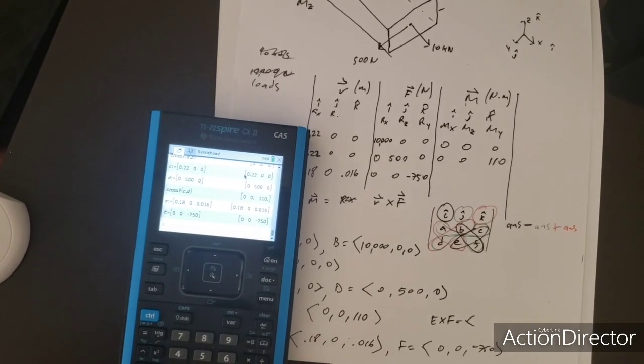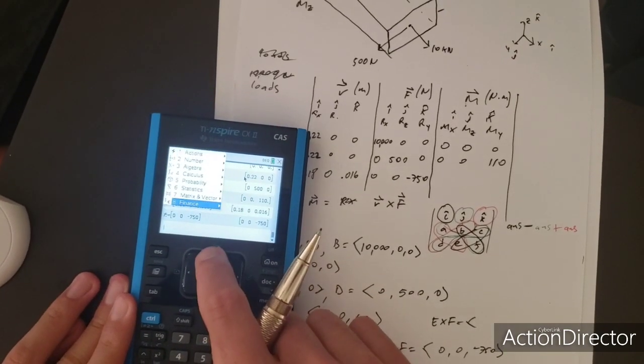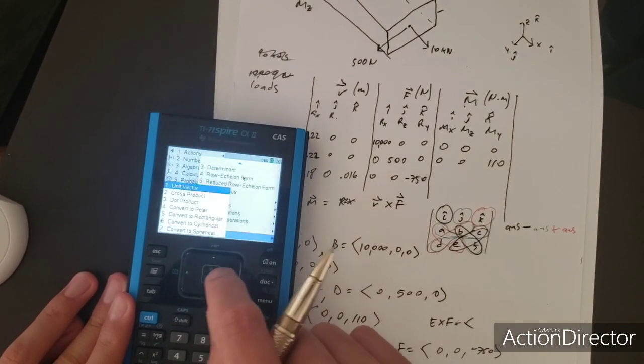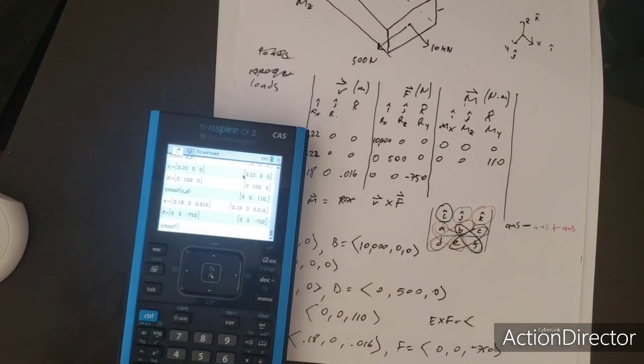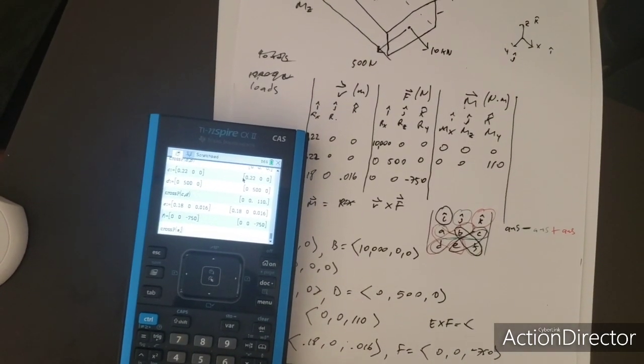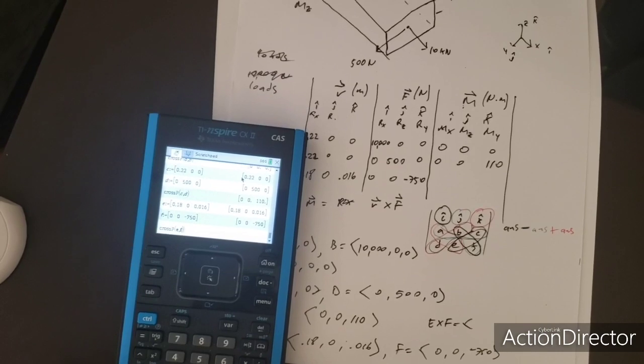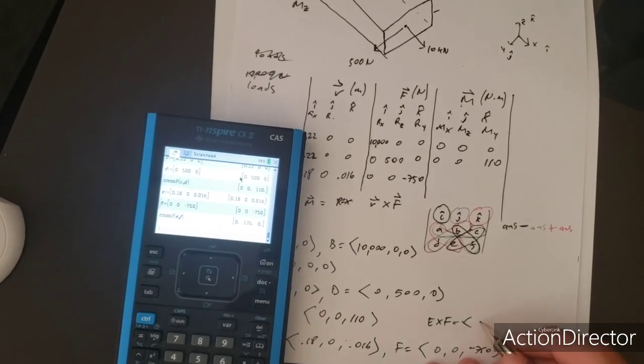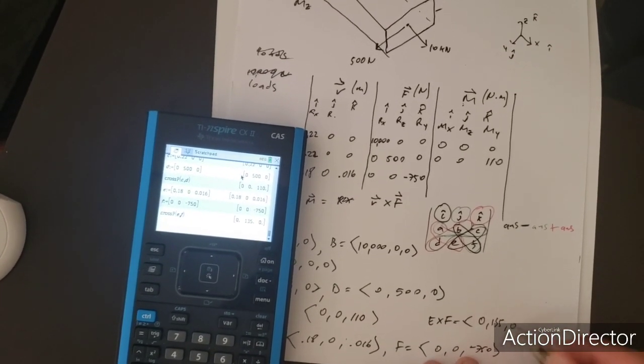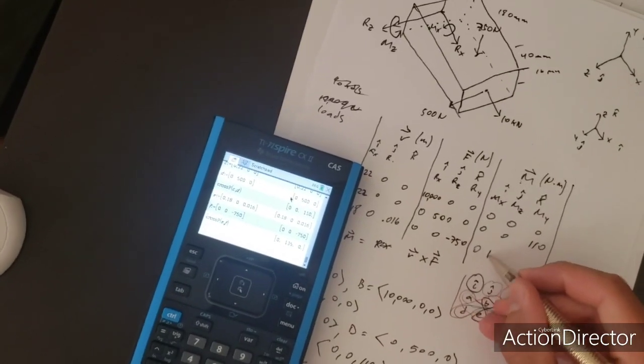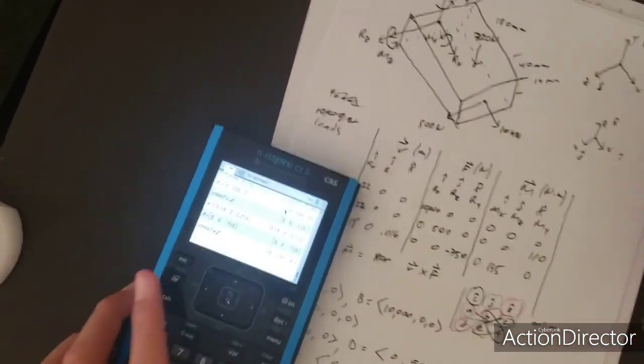Okay, and the last one, E comma F, and I get 0, 135, 0. And again, I just plug in here, and there you go.